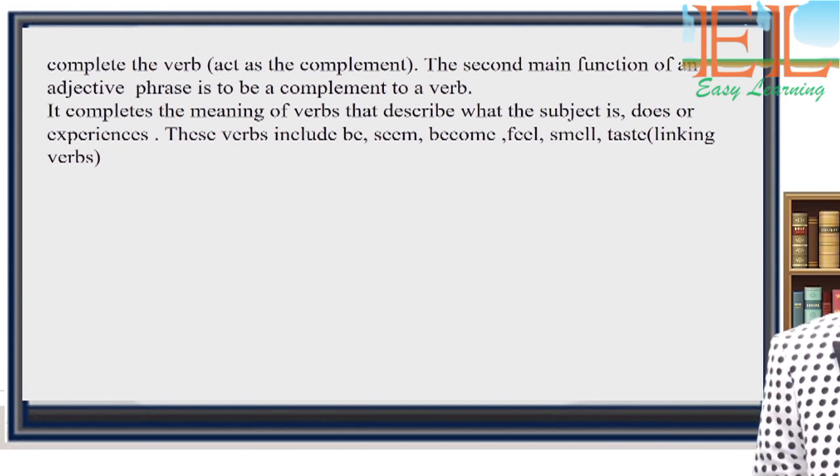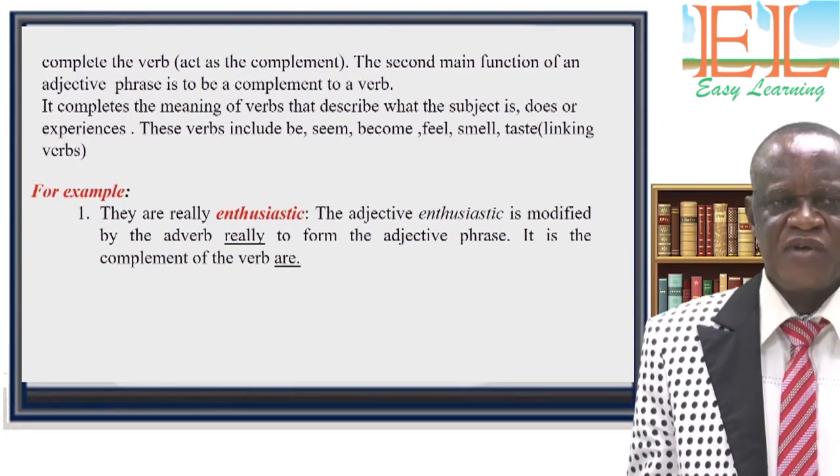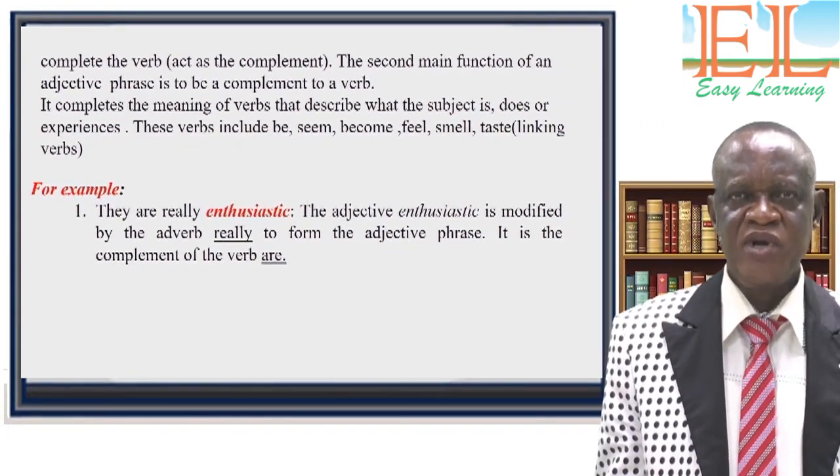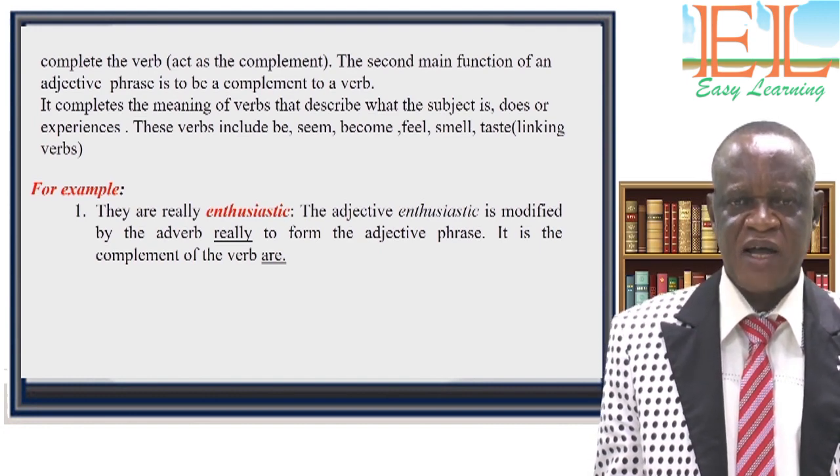These verbs include be, seem, feel, smell, taste. These are the verbs that we call linking verbs. For example, they are really enthusiastic. The adjective enthusiastic is modified by the adverb really to form the adjective phrase. It is the complement of the verb are.